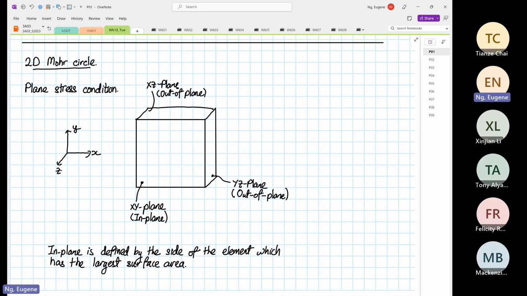So the XY plane has the largest surface area, as you can see. That is our in plane. That surface is our in plane.